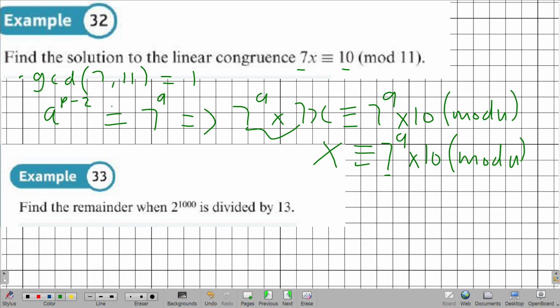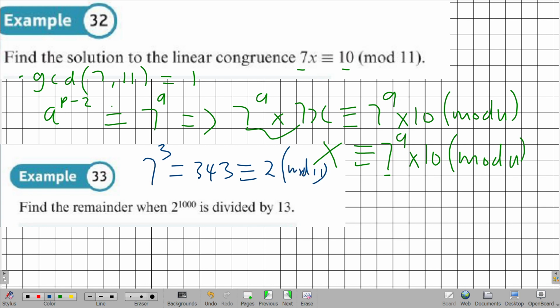That's 343. And if we divide by 11, we know that 7 to the power of 3, which is equal to 343, how many 11s are in there? I think it is going to be congruent to 2 mod 11.